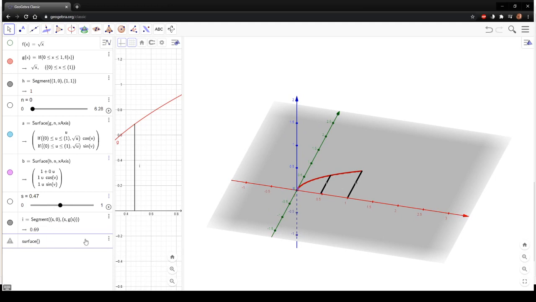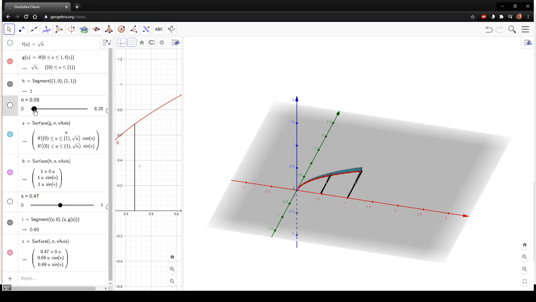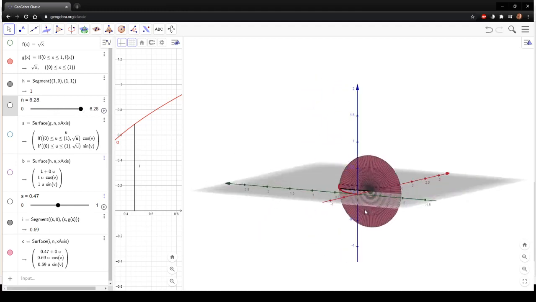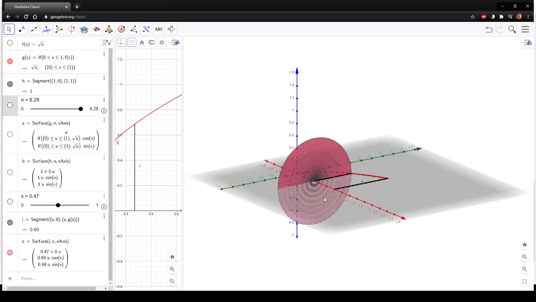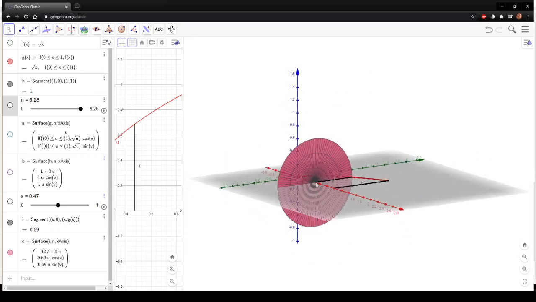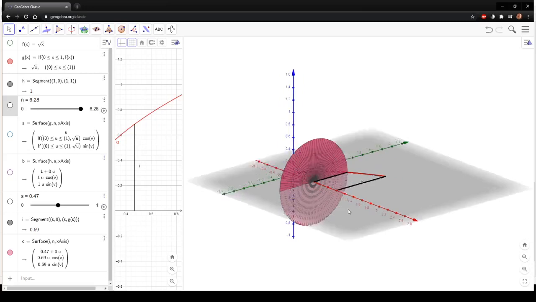So this slice is being called n, and rotate that around the x-axis. Let me turn off these other surfaces. So if you rotate that slice, you see that you end up getting an annulus. In this case, it is an annulus where the inner radius is 0, so it's just a circle.